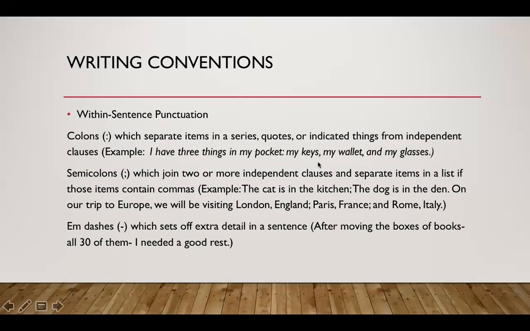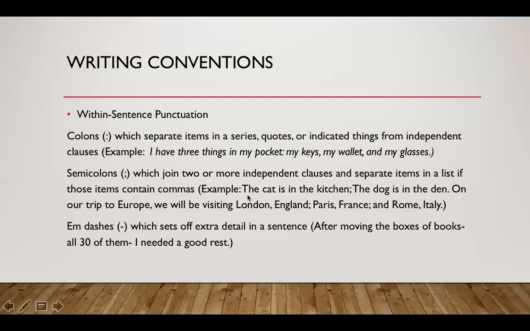Okay, so there's a list or an item or a series of things. A semicolon, which is the dot and the comma, joins 2 or more independent clauses and separates items in a list if those items contain commas.